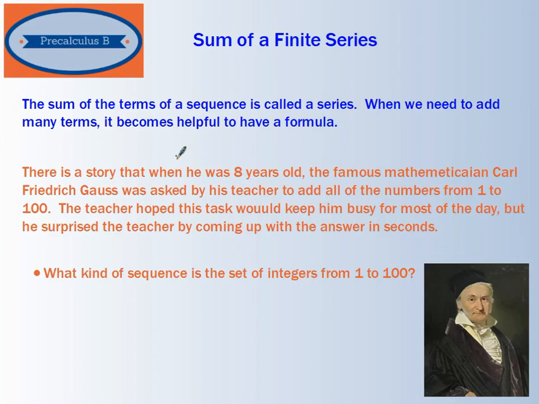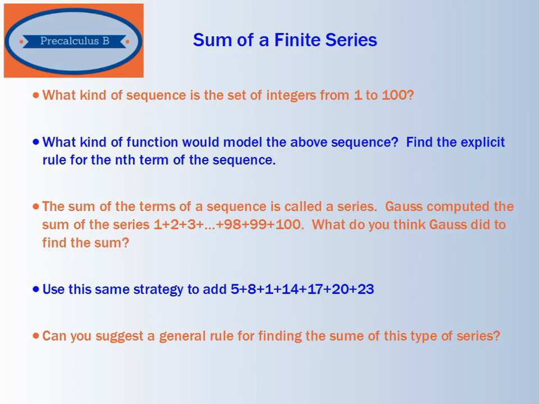Well, how might he have done that? We've seen in previous lessons how that worked. He was able to find the sum of a series very quickly. And we asked, what kind of sequence is a set of integers from 1 to 100? This is an arithmetic sequence, because we have a common difference between the terms, 1 by 1 by 1. So what kind of function would model that sequence?